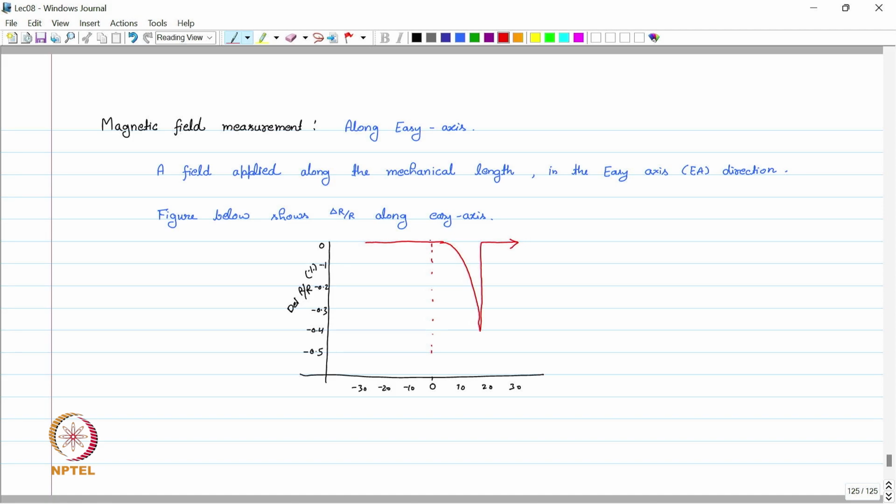This is while going in this direction. While coming back, let's take a different color because this shows a different path while coming back. So while coming back, this comes like this and decreases here, and it goes like this.